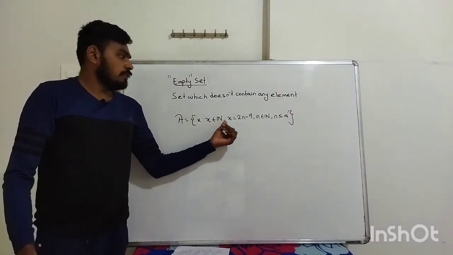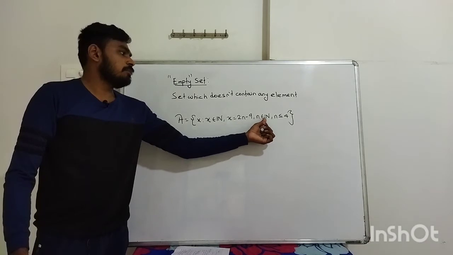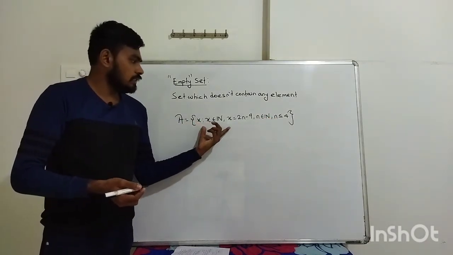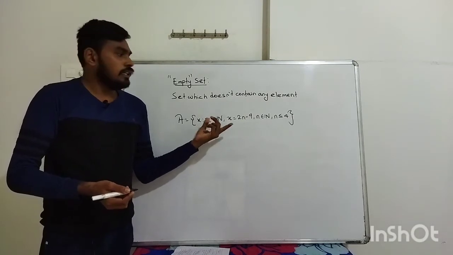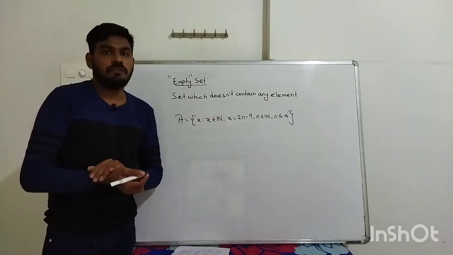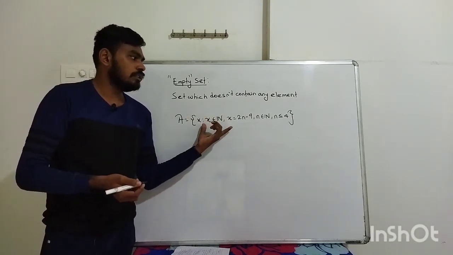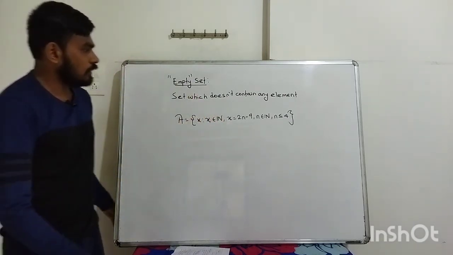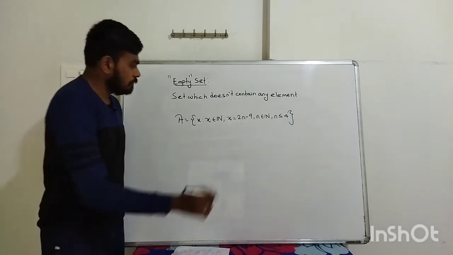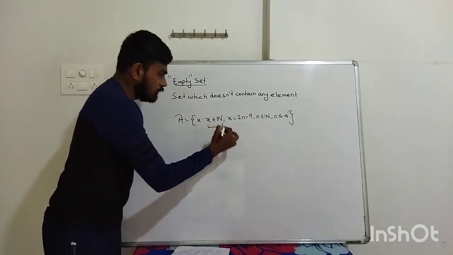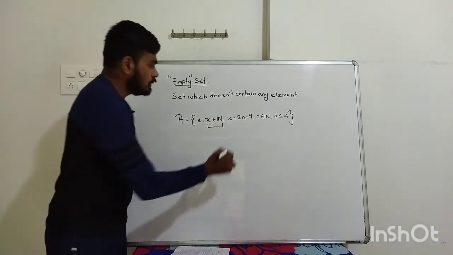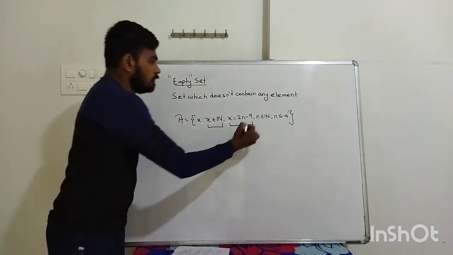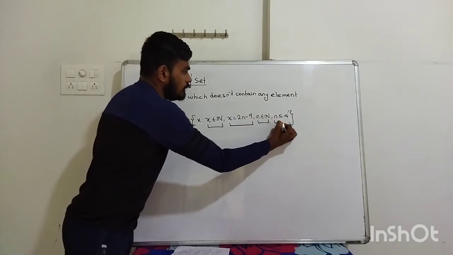x such that x belongs to N, x is 2n minus 9, n belongs to N, n is less than or equal to 4. This type of set we have already done in a previous class. If you don't know how to do this, you can refer to my previous classes. So here we are given that x belongs to N, x is equal to 2n minus 9, where n is a natural number and n is less than or equal to 4.